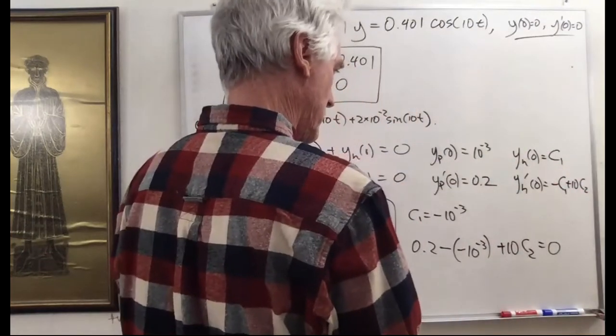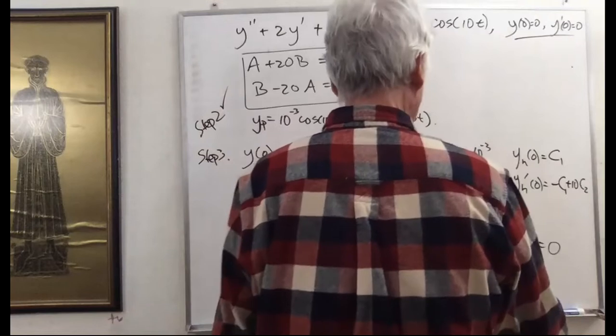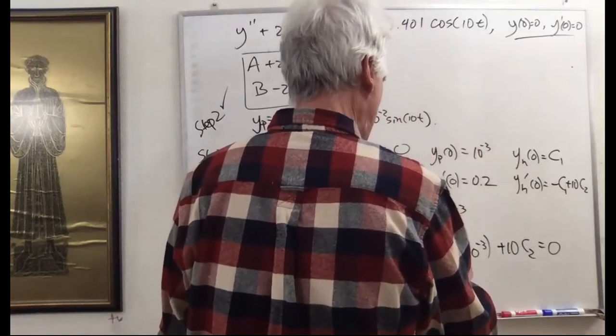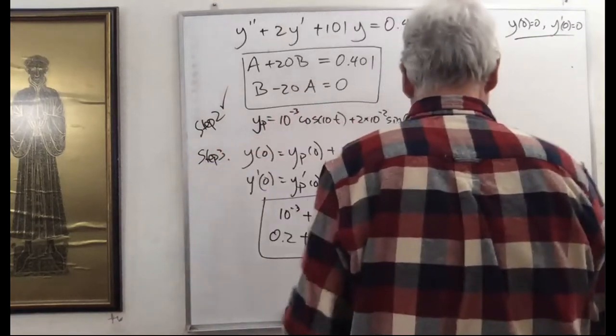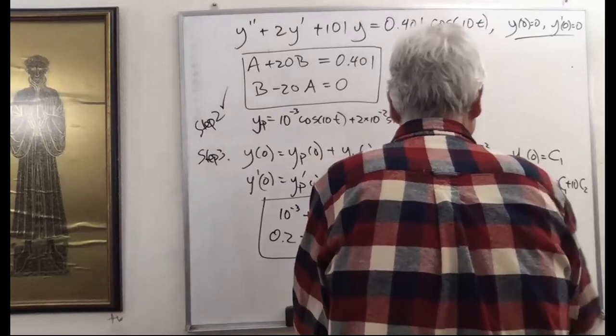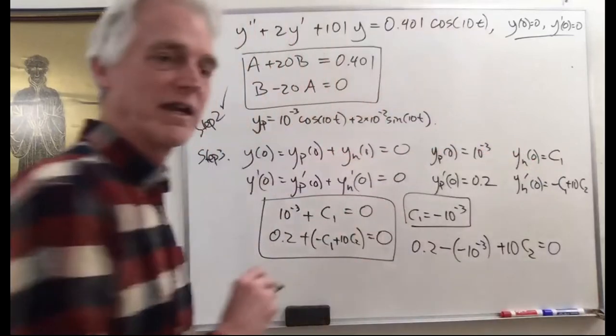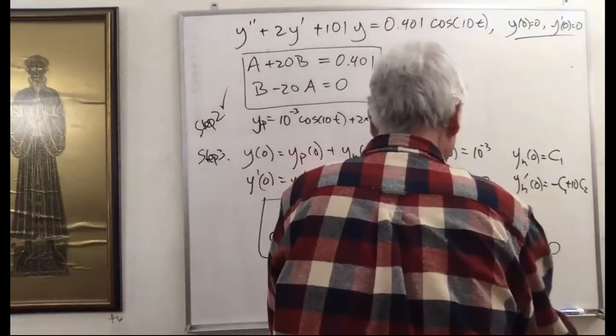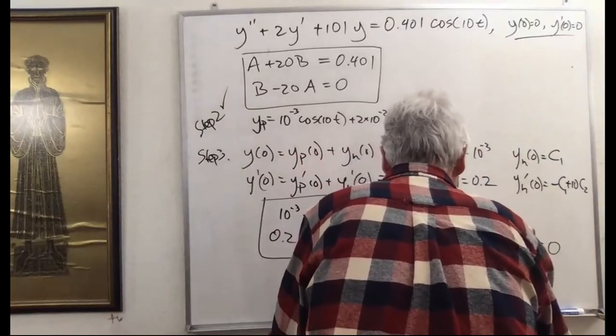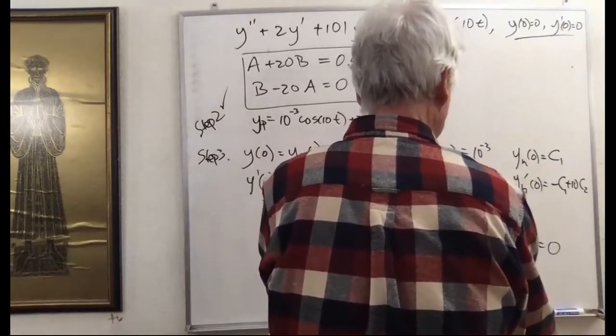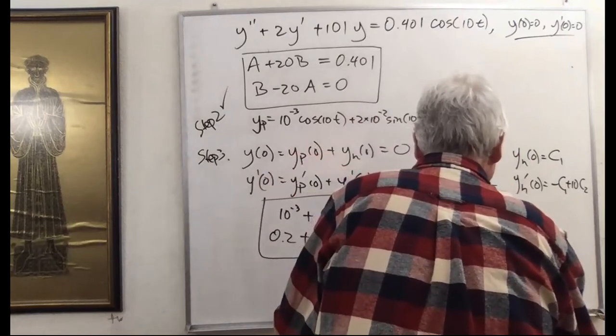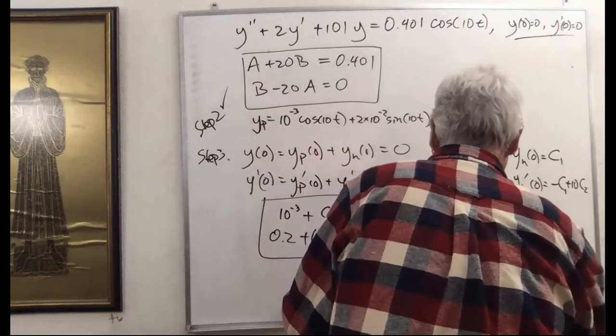Okay? So what's this going to be? I'm taking 0.2 and I'm adding 10 to the minus 3. C1 we got, right? And now we're looking for C2. This combined gives me 0.201, 10 to the minus 3, plus 10C2 equals 0.